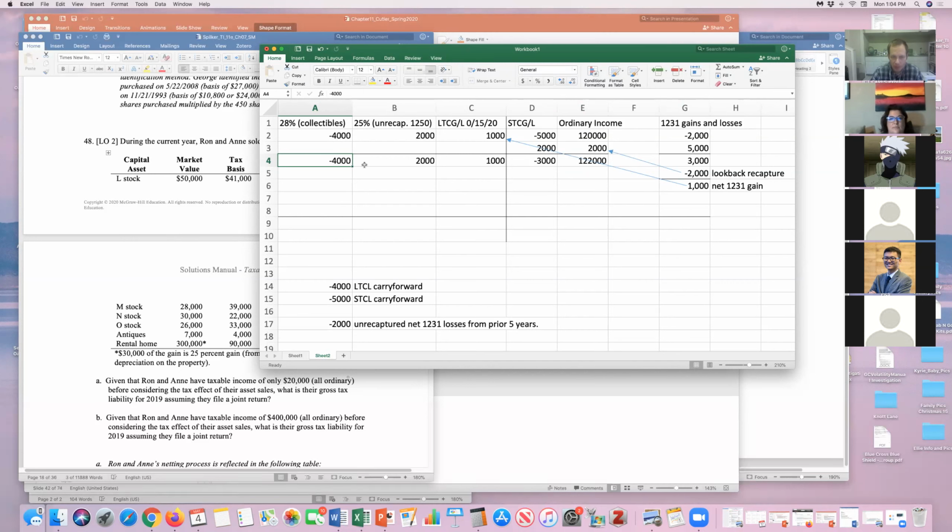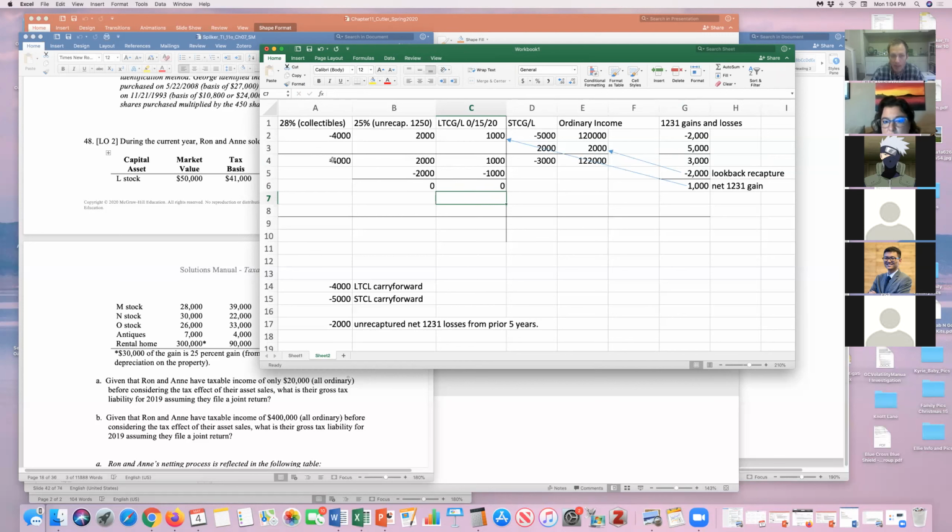And first it's going to go to the very next category. So I can take 2,000 of it here, bring me down to 0. There's still 2,000 left. So I have another 1,000 that can come here. So 4,000 minus, the 2,000 went here, 1,000 went here, there's still 1,000 left.